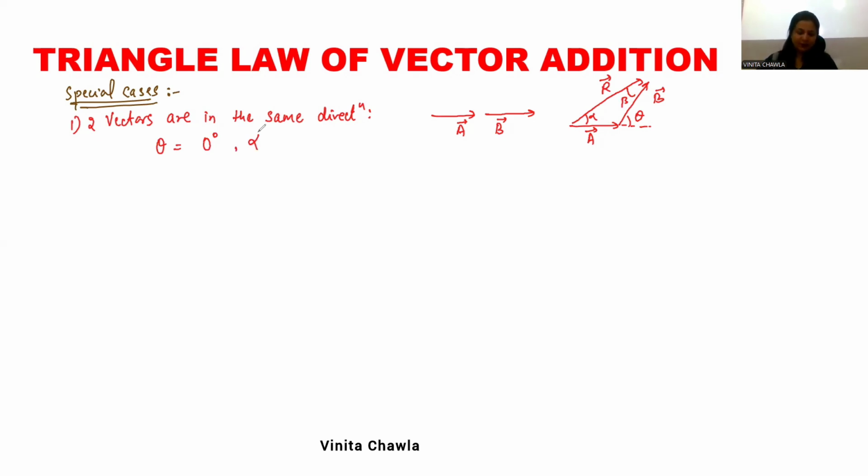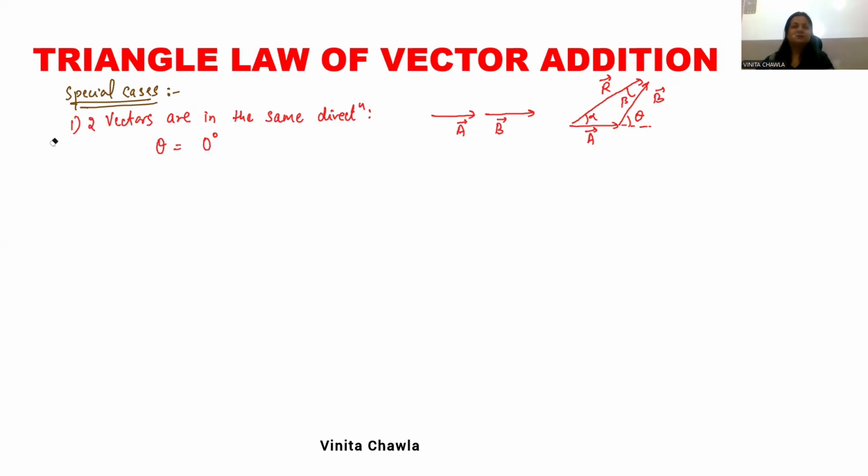If they are pointing in the same direction, then alpha is also 0 degree. And beta is 0 degree. So theta is equal to 0 degree.